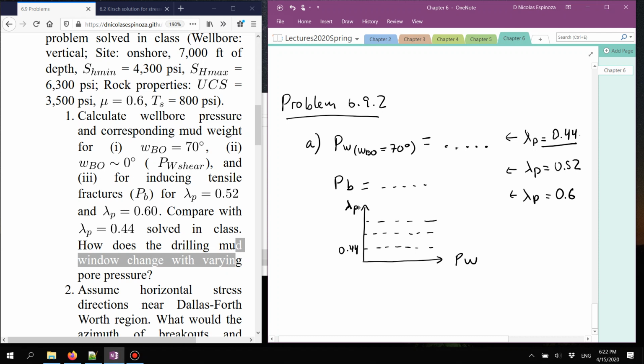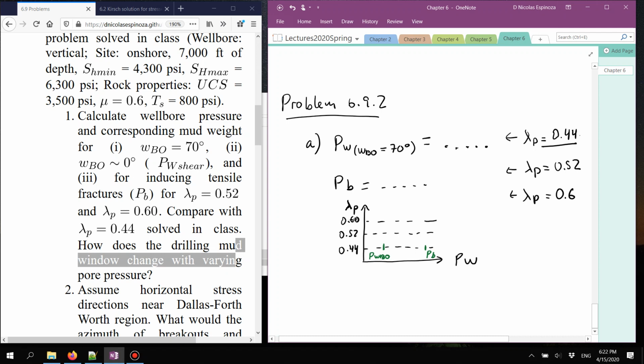If this is lambda p, for 0.44, probably your MAD window determined by PWBO and by PB might be somewhere over here. And PB.